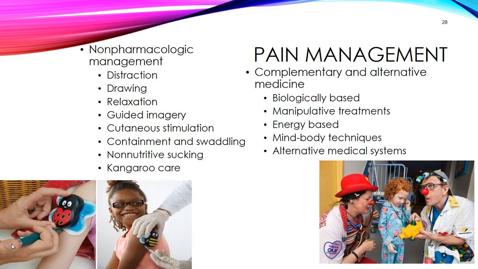And then some other methods of non-pharmacological management that we also use are your CAM therapies, those complementary and alternative medicine therapies. Some people refer to them as your Eastern medicine type of therapies. CAM therapies can be pharmacological, but in the non-pharmacological realm, we're talking about things like acupressure, acupuncture, even special diets.